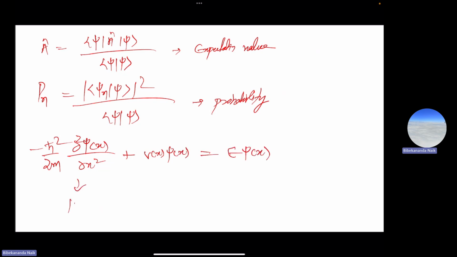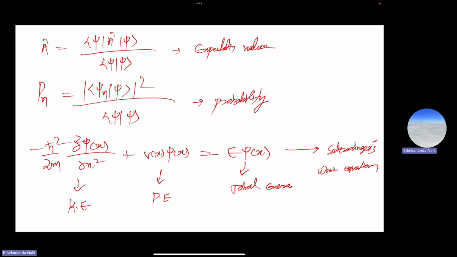This is the kinetic energy term, this is the potential energy term, this is the total energy, and this equation is called Schrodinger's wave equation. These are a few things I wanted to discuss with you about some introduction to quantum mechanics.